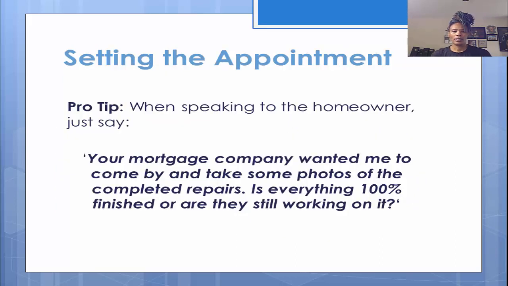When you're speaking to the homeowner, basically all you have to say is that your mortgage company wanted you to come by and take some photos of the completed repairs, and ask them, is everything 100% complete? Or are they still working on it?